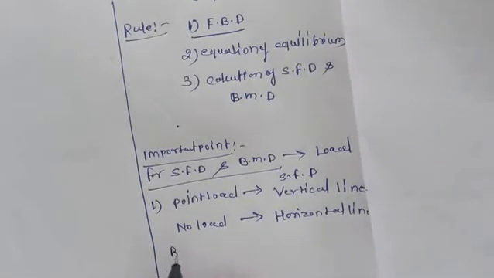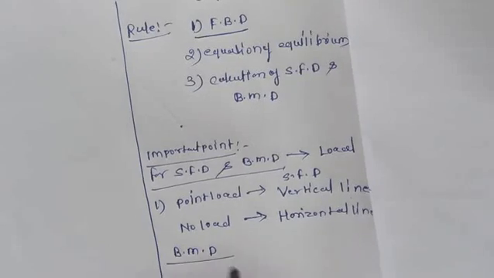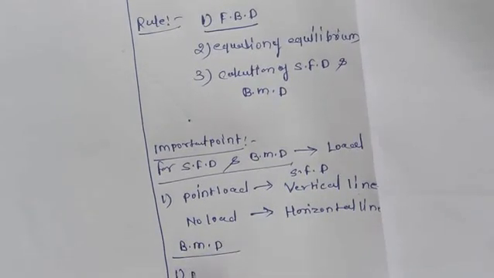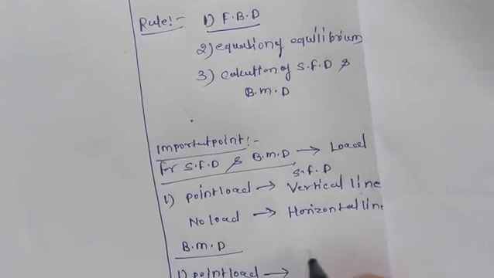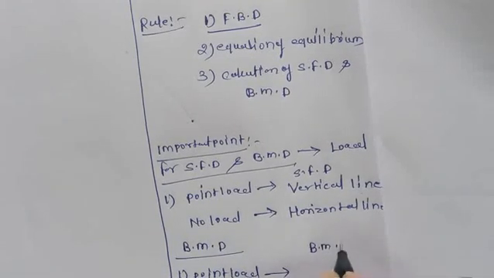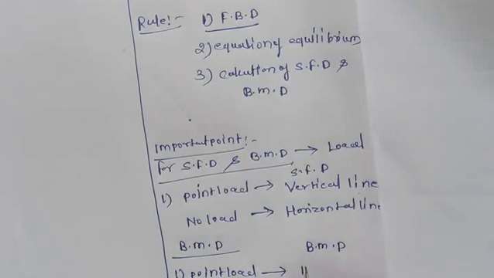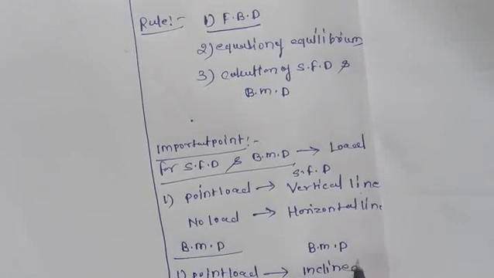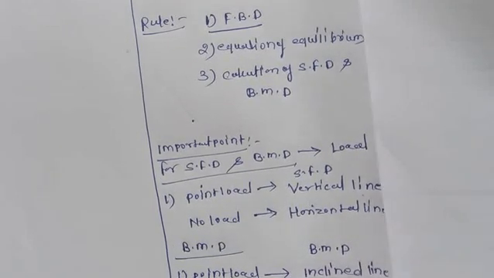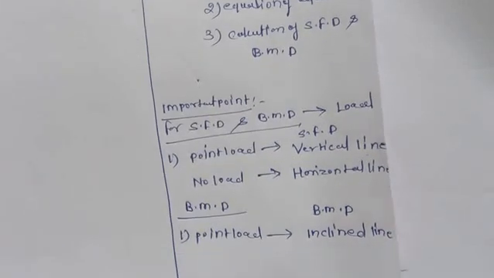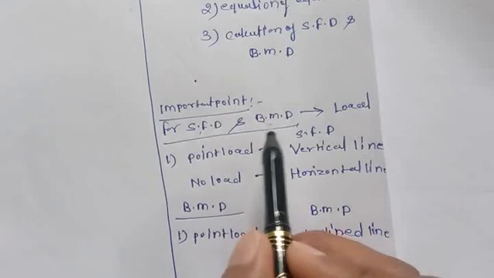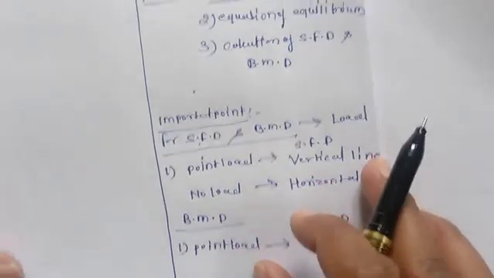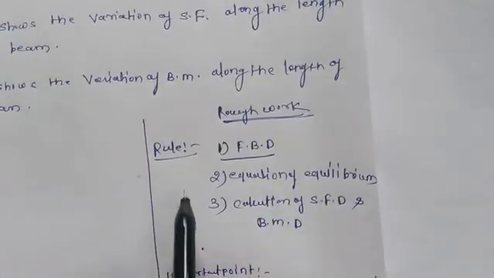For the bending moment, if the point load is there, then the bending moment diagram will be an inclined line only. We have to keep this in mind. This is the important point to draw the shear force and bending moment diagrams, and this is the rule to solve the problem.